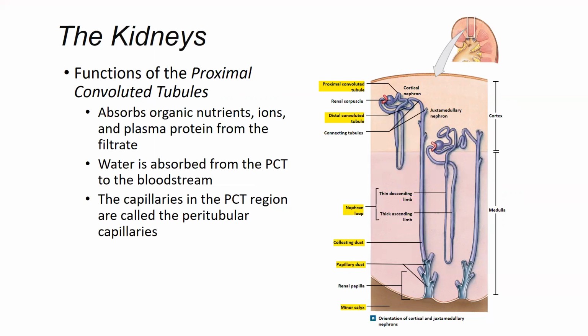Having those vessels closely associated with the proximal convoluted tubule, what's allowed to happen from the proximal convoluted tubule across into the peritubular capillaries? Reabsorption, right? So we're allowed to reabsorb water, we're allowed to reabsorb those important things that I told you we needed, such as glucose, such as amino acids, any protein that may have spilled into the urine.